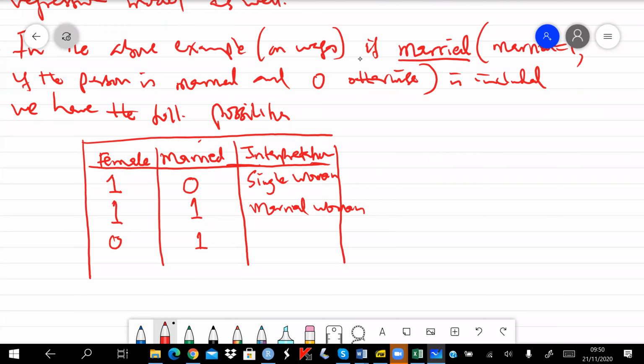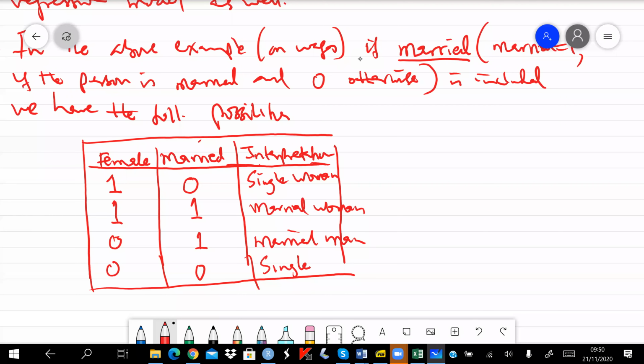So this is a married man. And finally, you can have a 0 here and a 0 there, which means we have a single man. So those are the possible interpretations if you have two dummy variables in that model.